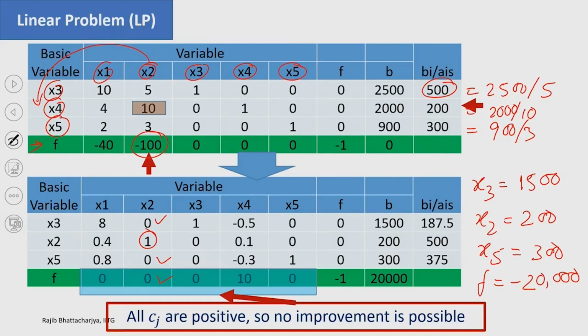So, that means I got the solution. So, here x3 equal to 1500, x2 equal to 200, x5 equal to 300, x1 equal to 0 and x4 is also equal to 0. Okay. So, x1 equal to x4 equal to 0. Okay. So, this is the solution I am getting.